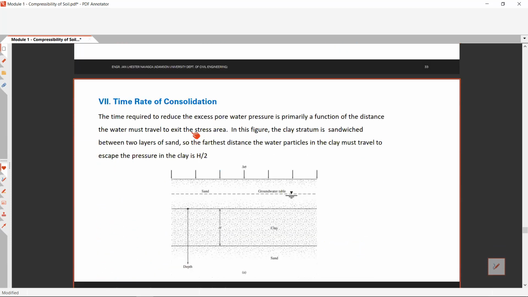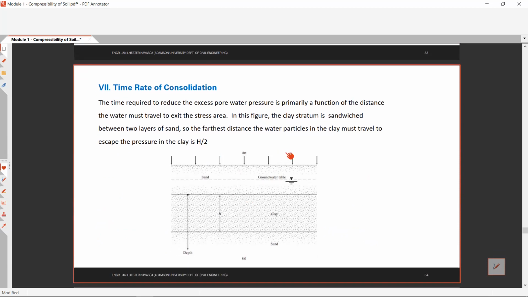The time required to reduce the excess pore water pressure is primarily a function of the distance the water must travel to exit the stressed area. In this figure, the clay stratum is sandwiched between two layers of sand, so the farthest distance the water particles must travel to escape the pressure is H over 2. That is what I said earlier: the farthest distance to escape the clay layer is at the middle of the clay.